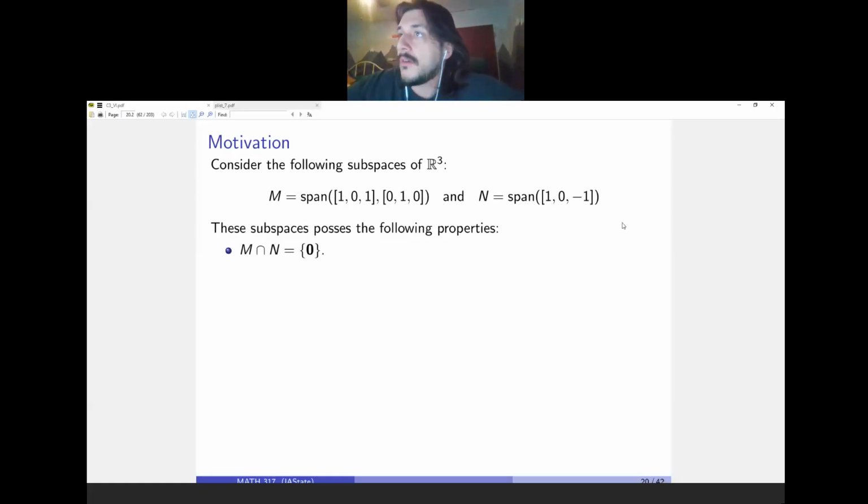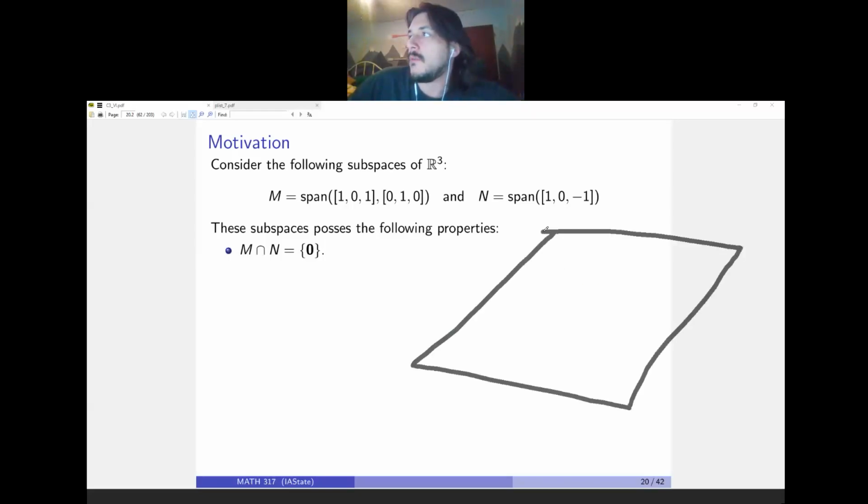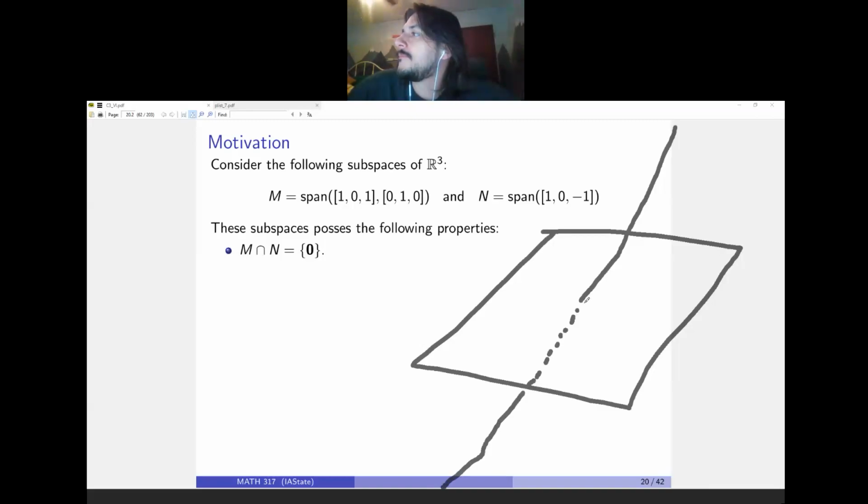The first thing is that their intersection is just a single point. If we think back to the picture I was drawing, indeed, M is a subspace and N is a subspace, so their intersection is always going to have the 0 vector.